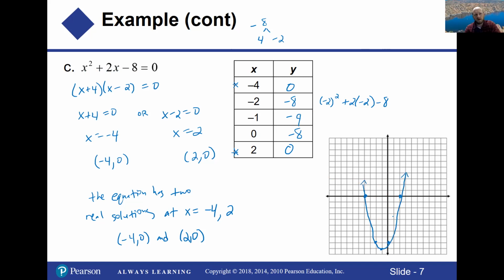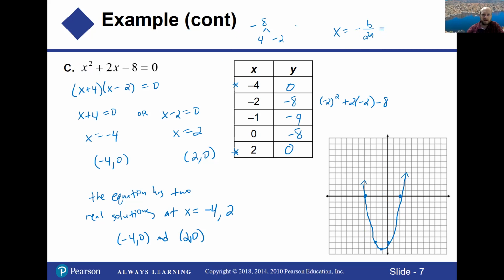It's opening upward, and it makes sense that it's opening upwards because your a value was positive, right? We learned that in the last 2 sections. Also, remember when we learned about the axis of symmetry? The axis of symmetry was -b over 2a. Well, you could even use this here.